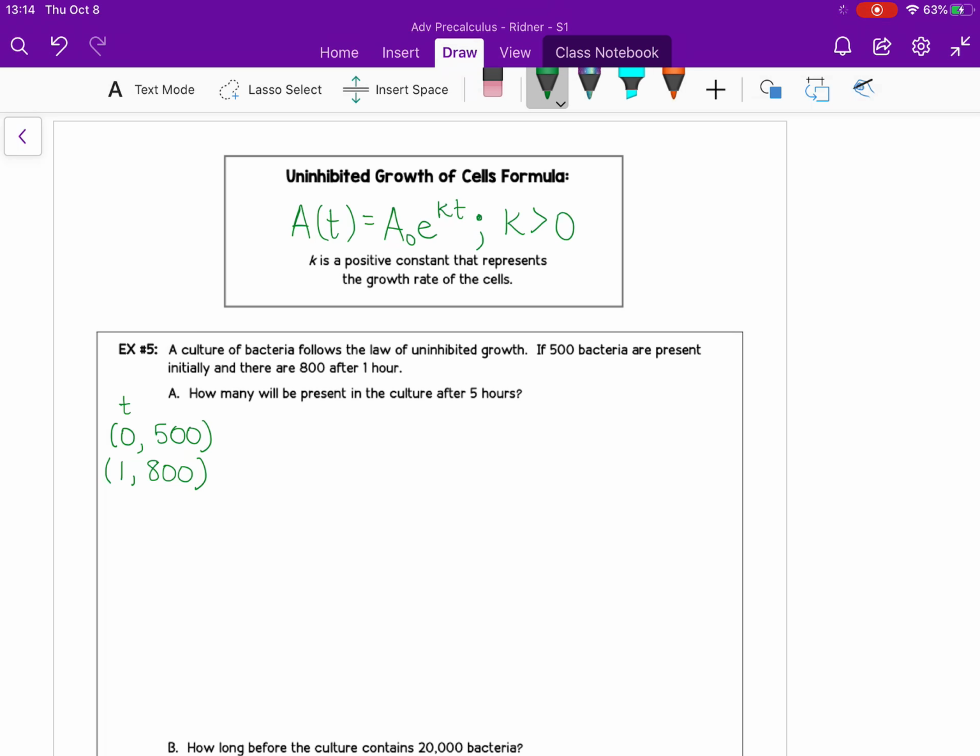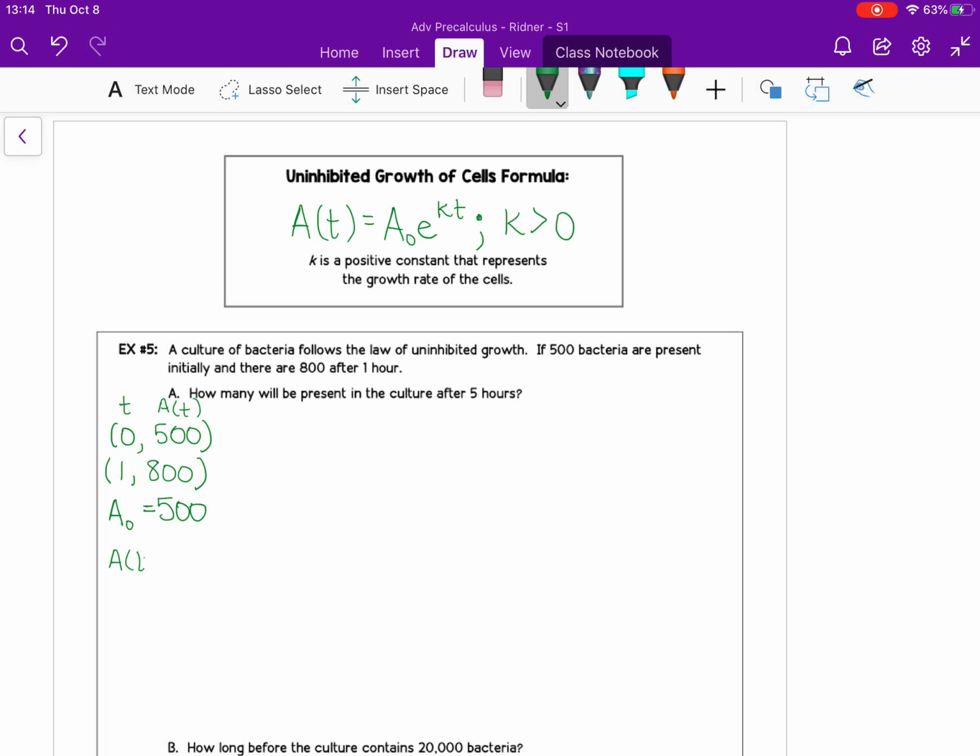So we have to come up with the formula here so that we can use it. So what do I know? Well, I know that A sub 0, which is the initial value, has to be 500. Okay, how could I figure out what k is? Well, this is A of t.